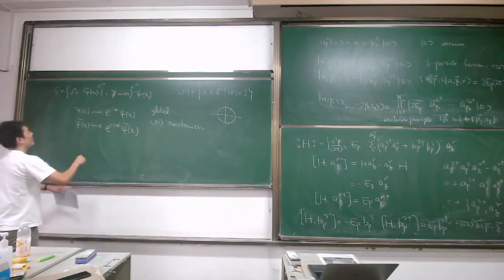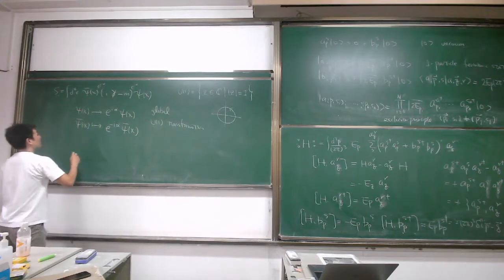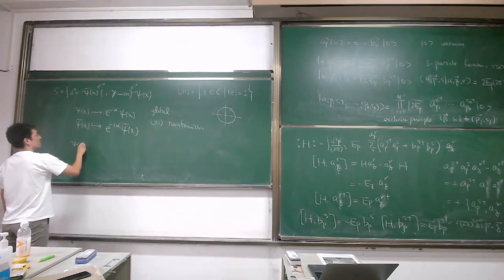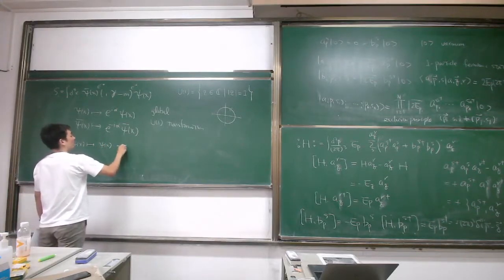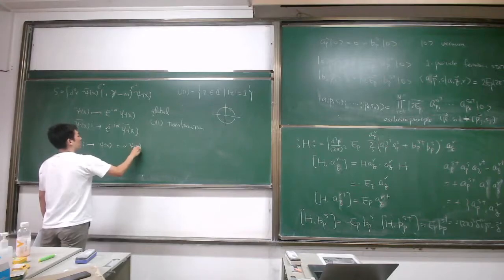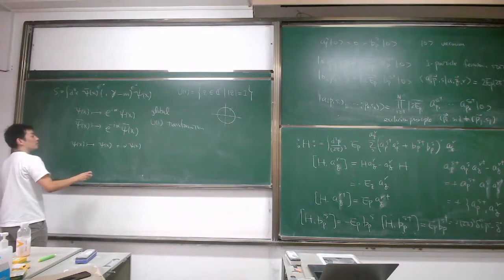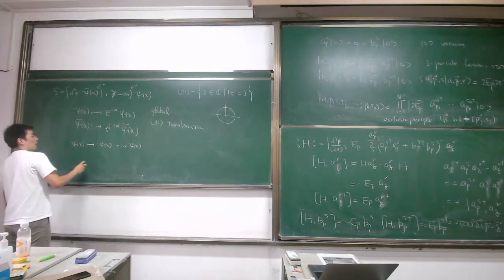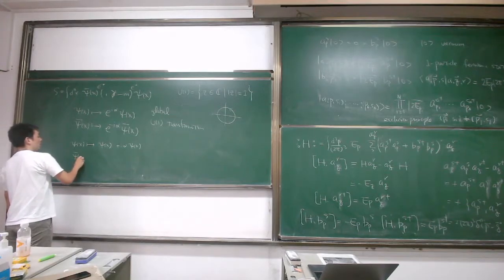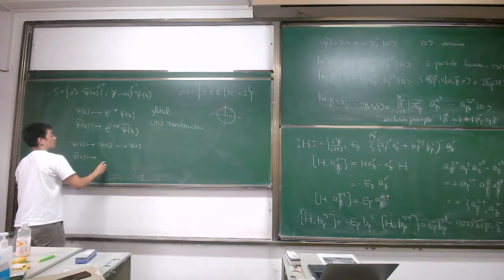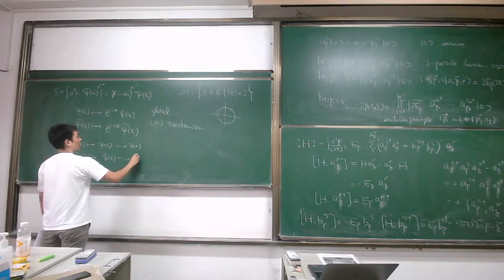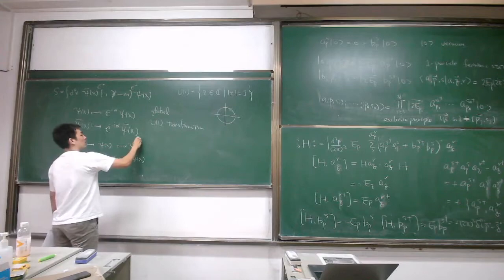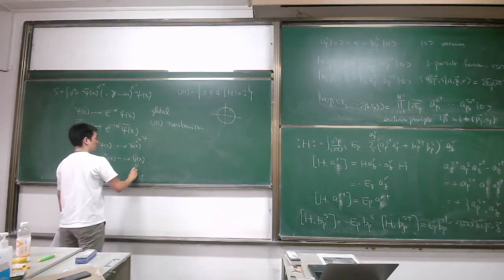Sorry. If you take the infinitesimal transformation, psi of x goes to psi of x plus i alpha psi of x, if you treat alpha as very small. Psi bar of x goes to psi bar of x minus i alpha psi bar of x. This is delta psi, and this is delta psi bar.